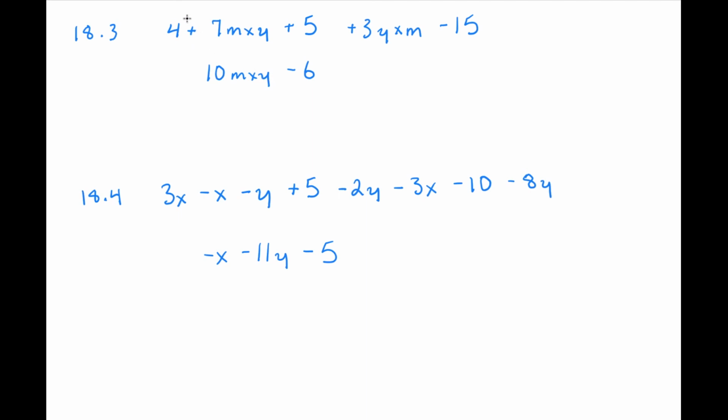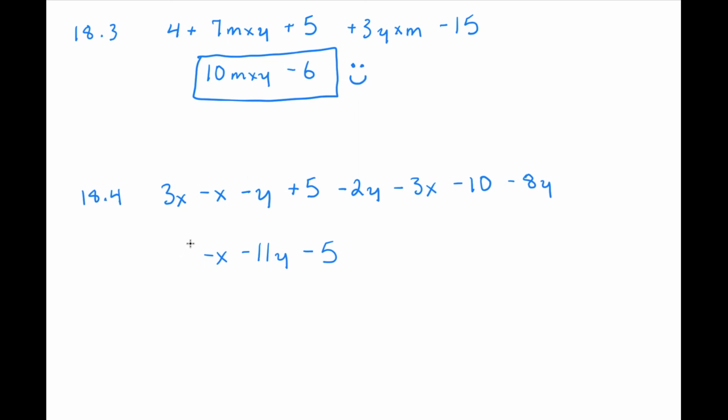Then we had a whole number of 4 and a whole number of 5 added together because they're both positive. That's 9. But then we had a negative 15, so that's going to be a minus 6. So this should have been what you got for 18.3. And if you did that, congratulations.